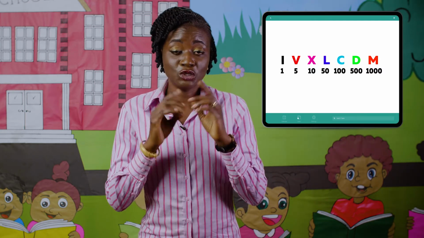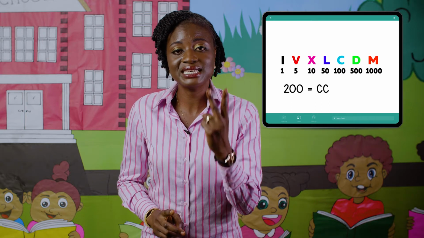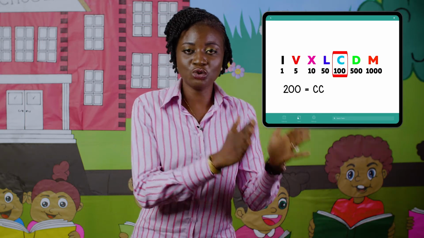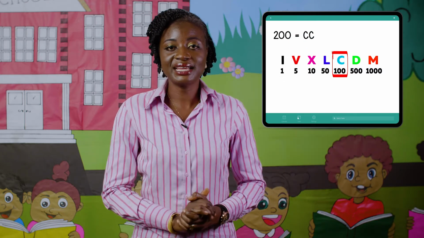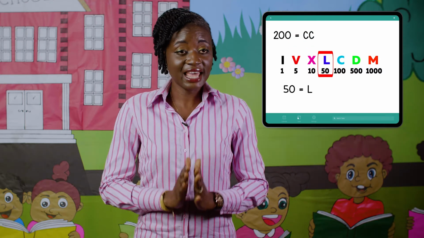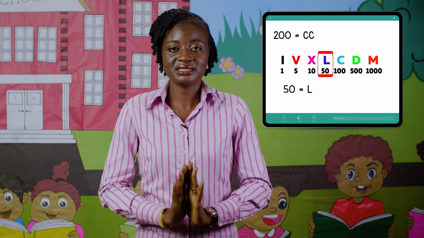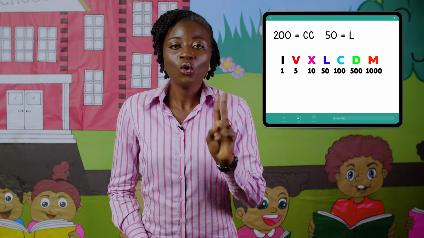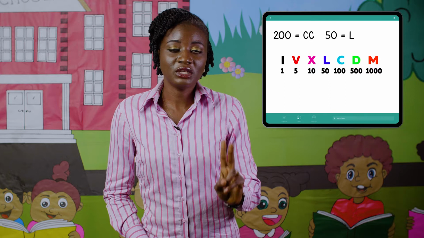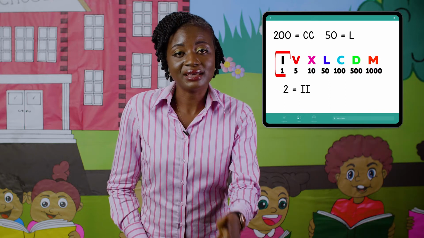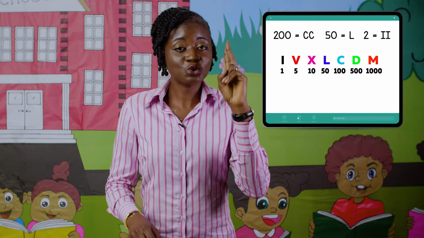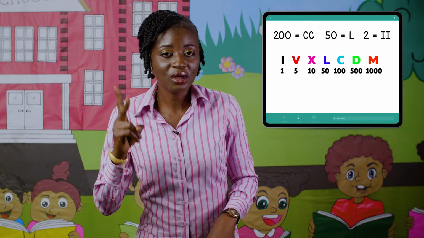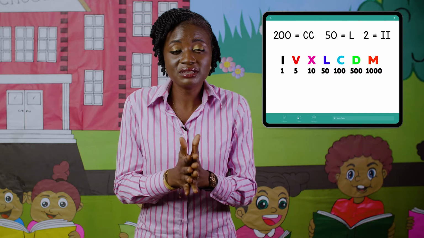You can make your 200 two C's. So you have 200 as two C's. You've done that, you've kept it on one side. You have 50 as L, it's a key digit, you write it. Then you have 2. What will be my 2? It will be 2 I's. Do not forget, 1 is I, so 2 I's will be 2. Now I'm going to bring them all together.